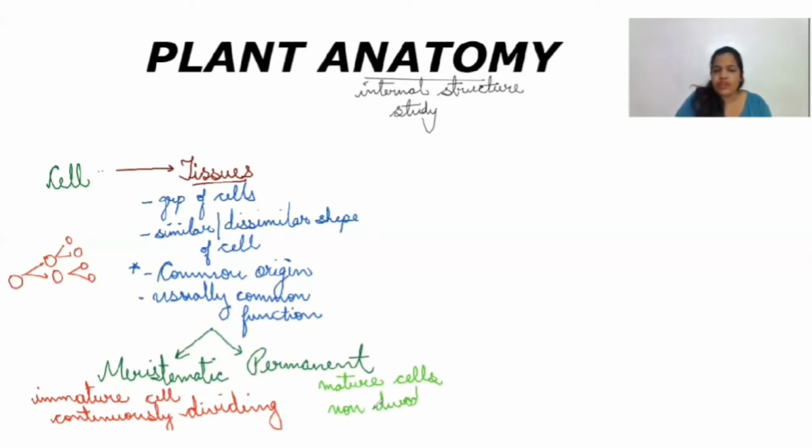Now, non-dividing cells. Here itself, let me introduce you to a few terms, that how the cells of permanent tissues are formed. We need to know that, right? So for that, you need to have few terms knowledge and those terms are nothing different.